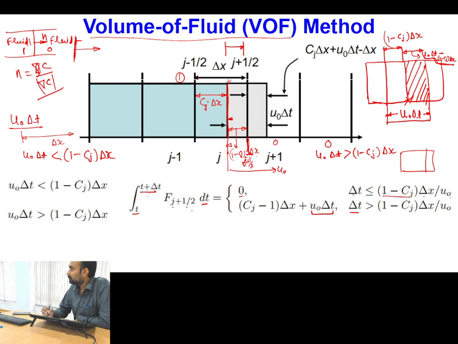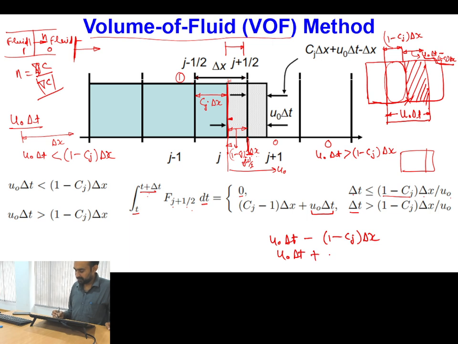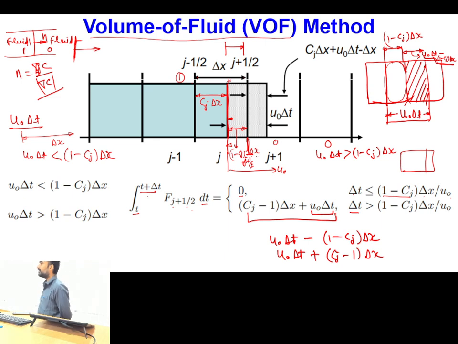The entire volume. But from this entire volume, how much volume do I need to subtract? This much volume I need to subtract in order to get only this much volume. So once I subtract this volume, it will be minus of 1 minus cj into delta x. Now if I take a minus common, it becomes u naught into delta t plus cj minus 1 into delta x. So that is the flux over here at the right face. Is this point clear? Are all clear with this point?